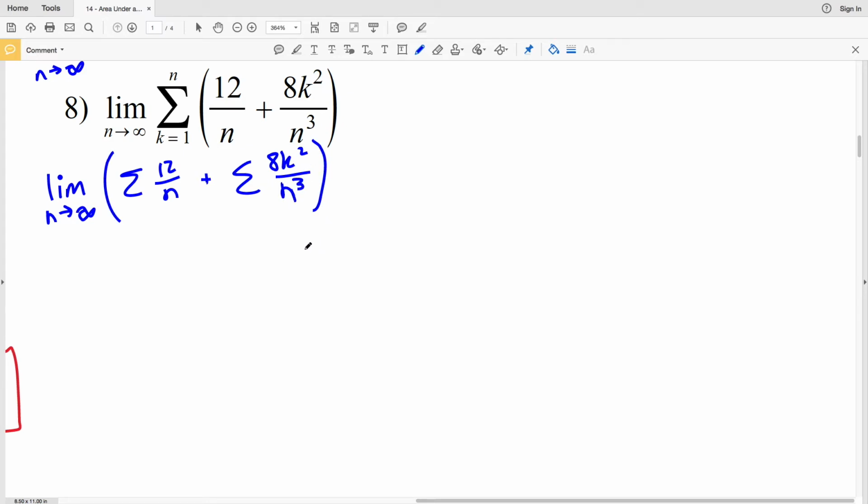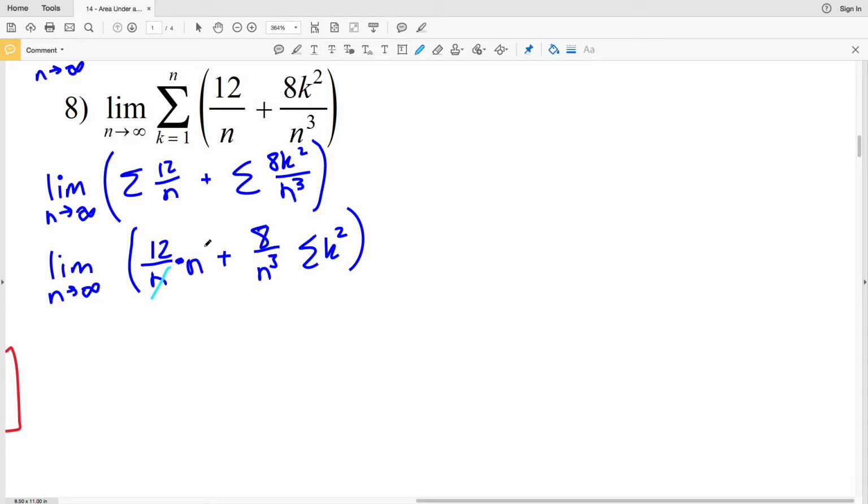And this is very similar to number 7. My first summation is the summation of a constant, so that's going to be 12 over n times n, and then I can pull out 8 over n cubed to get the summation of k squared. And remember, we're taking the limit of this as n approaches infinity.